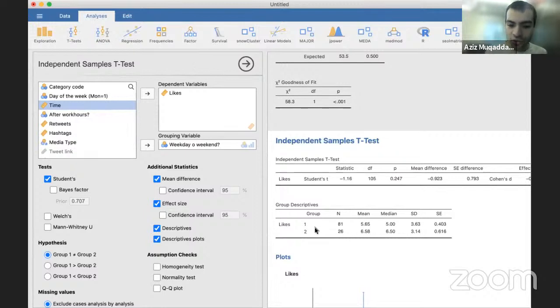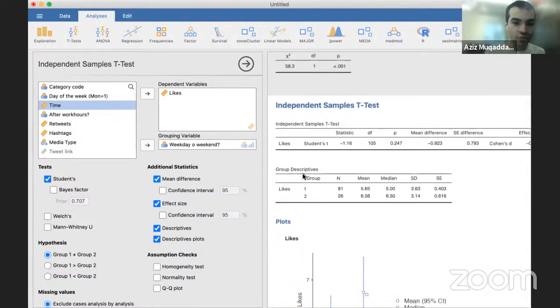And so I'll look first at the group descriptives because this would be easy to read. We have 181 tweets in group 1 and 26 tweets in group 2. So 2 is weekends, 1 is weekdays. The mean score for the weekend is like 6.58. For the weekday it is 5.65, right?